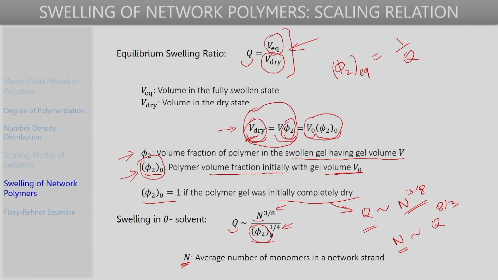If you substitute this V dry here, and in place of this V we consider the equilibrium swollen volume, this phi 2 will be the volume fraction in the equilibrium swollen gel. That gives us this kind of reciprocal relation between the volume fraction of polymer in the equilibrium swollen gel and the equilibrium swelling ratio Q.